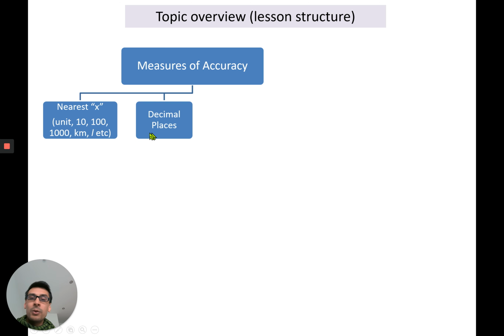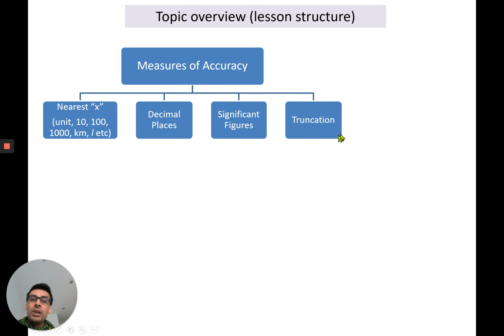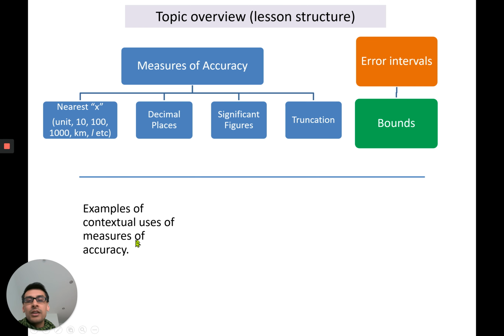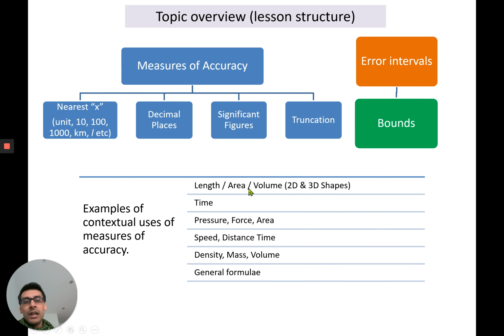You will obviously also be familiar with rounding to decimal places, rounding to significant figures. Something new is truncation, which you're going to look at. And all of this links up with the idea of error intervals and bounds. In terms of applications and contextual uses, things like time, area, volume, density, all that kind of stuff.